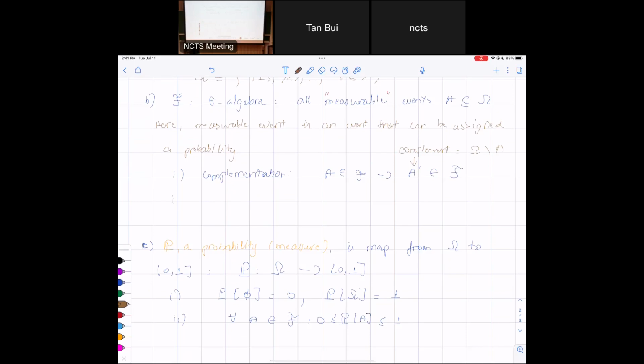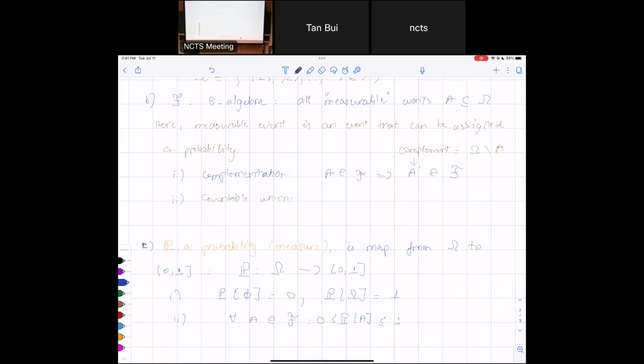Then another condition. The sigma algebra, like I said to you, you can think of as a set of all subsets, but it's not quite right. First, the set needs to be measurable, so you can assign a probability, and it needs to satisfy this condition, and one more condition: countable union.